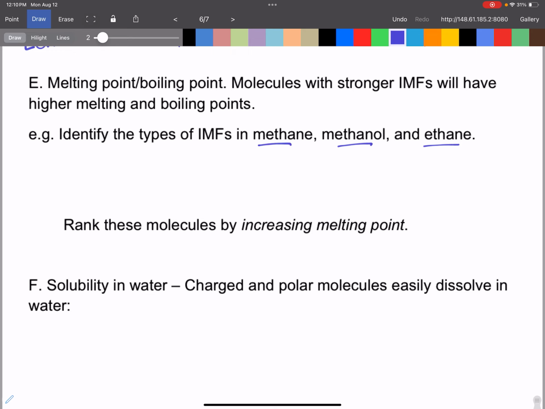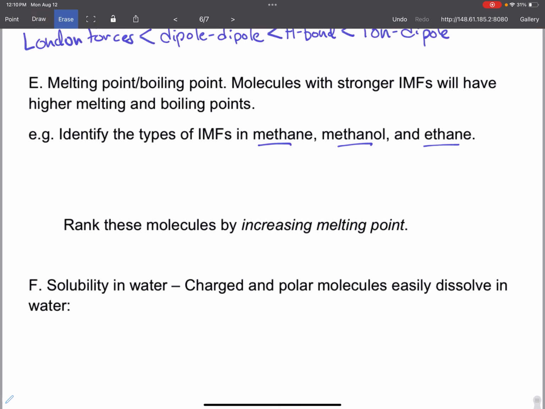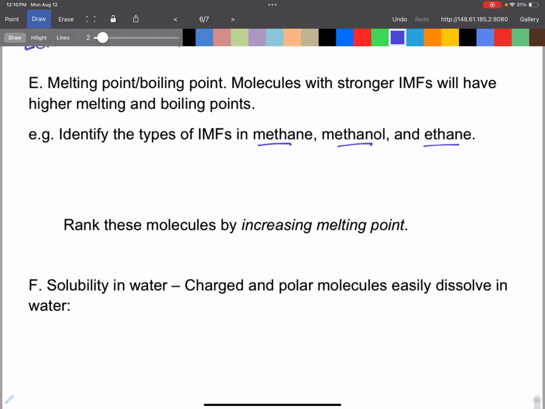So methane has the formula CH4. Its Lewis structure looks like this, where I've got a central carbon, and then I've got really just 4 hydrogens around it. That's its Lewis structure. So that's methane right there. Now, what IMFs can this have?